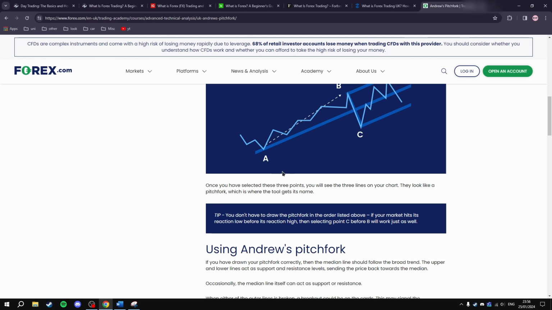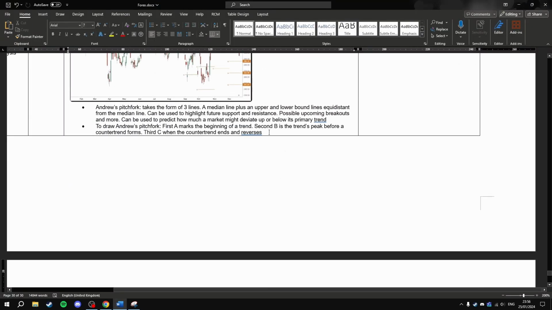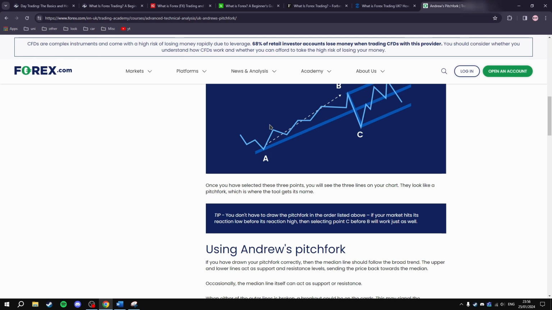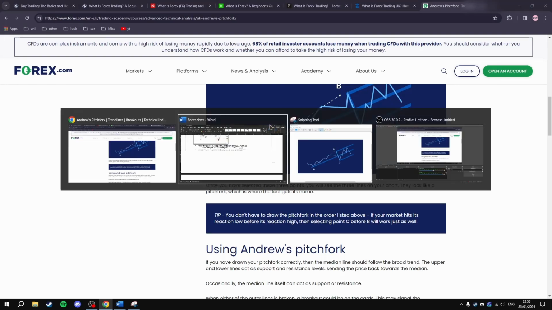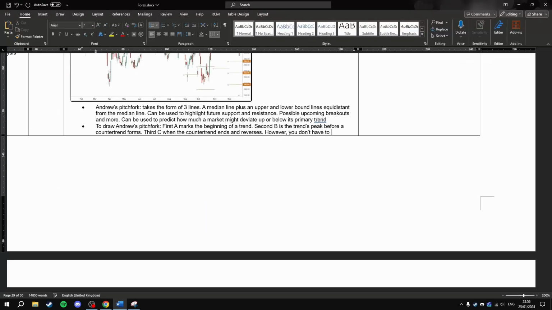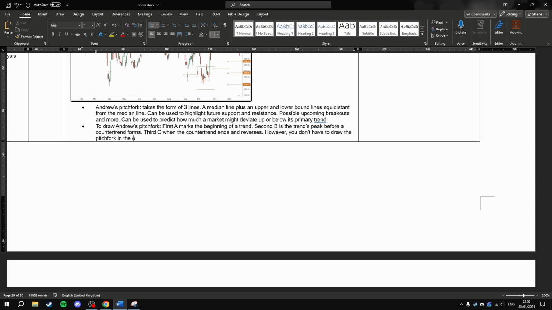If your market hits its reaction low before its reaction high, then selecting point C before point B will work just as well.